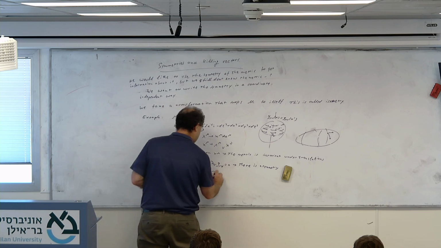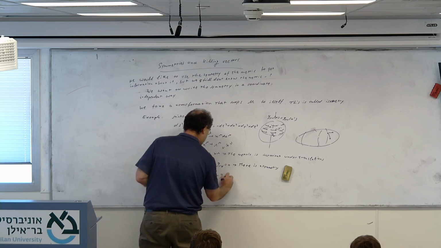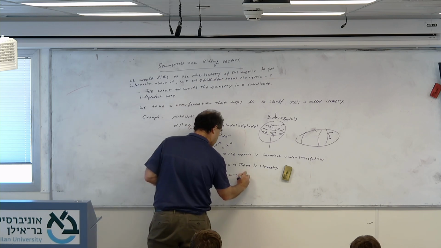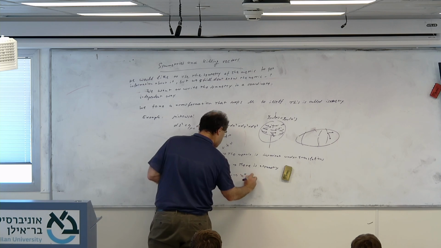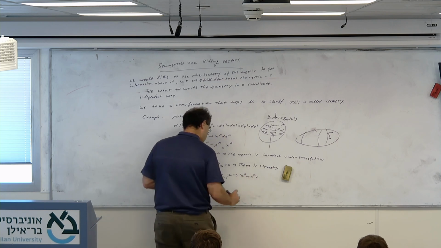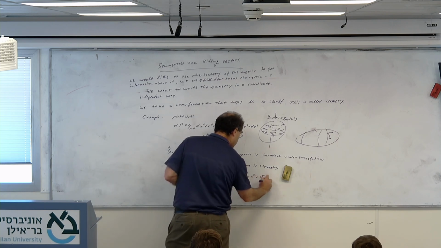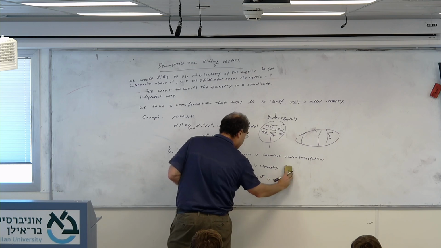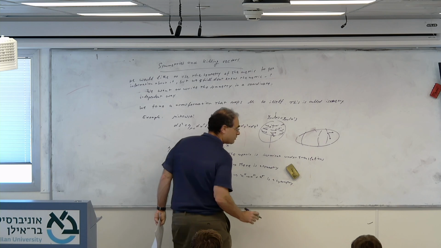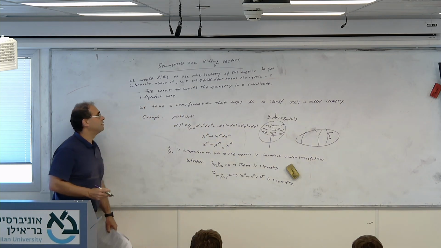So d sigma g mu nu equal to 0 means that x sigma goes to x sigma plus a sigma is a symmetry. Okay? The concept should not be that difficult, I think.